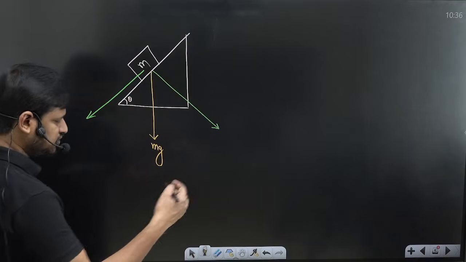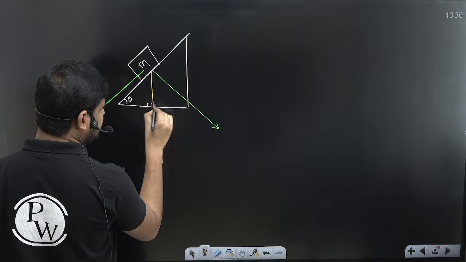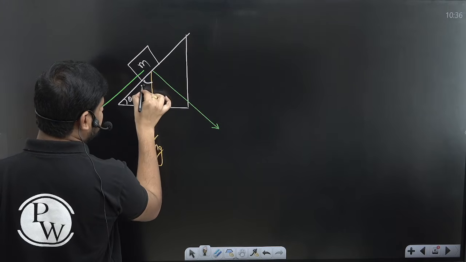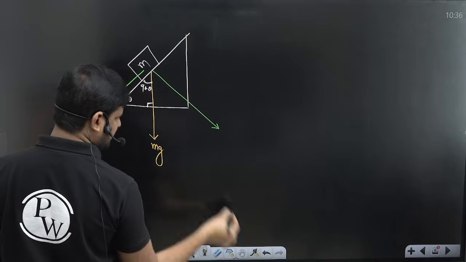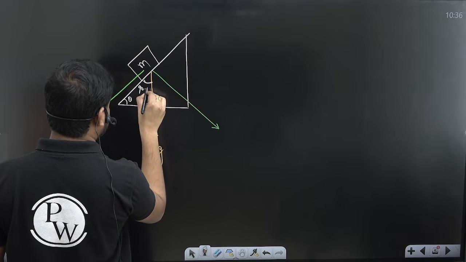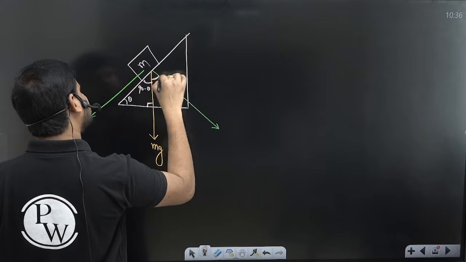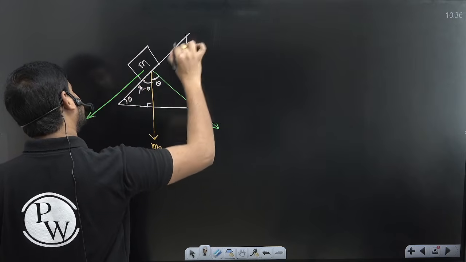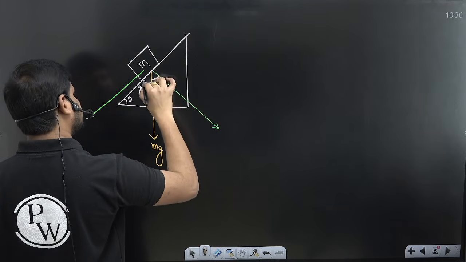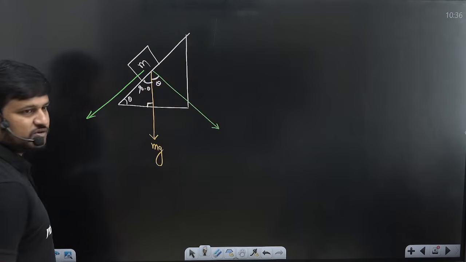See here, if this angle is theta and this is 90 degrees, then this is 90 minus theta, yes or no? And then this is again going to be theta. Why? Because this total thing should be 90 degrees. This is the inclined plane and this is the perpendicular. So if it is 90 minus theta, this is going to be theta.